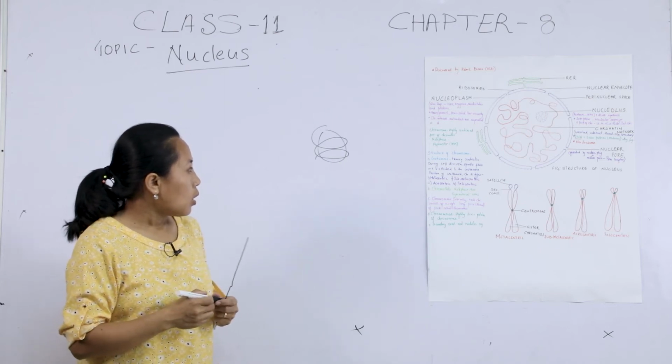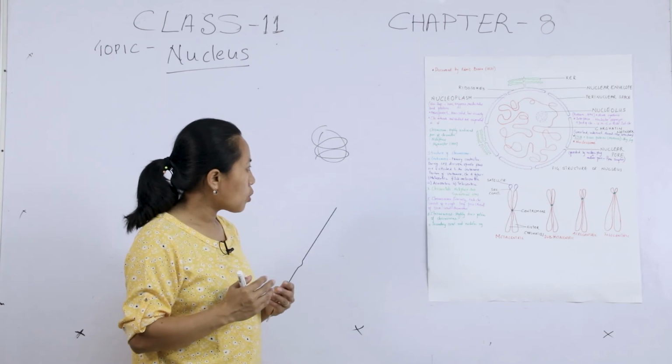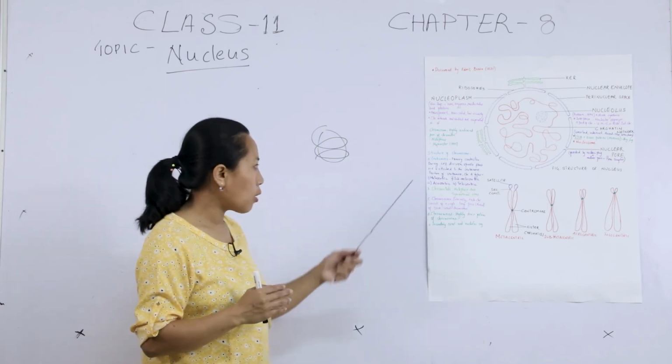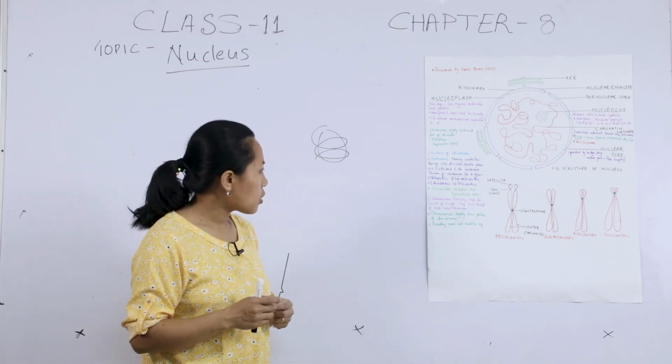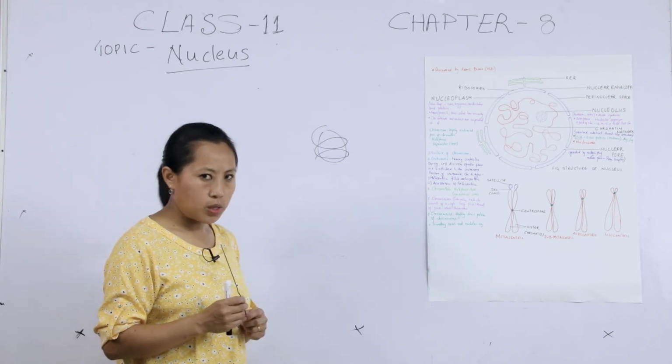Okay, so let's see the structure of the chromosome. The structure of the chromosome, which is best studied during the metaphase stage of the cell cycle, has the following parts. It consists of the centromere, chromatids, chromonema and chromomeres.